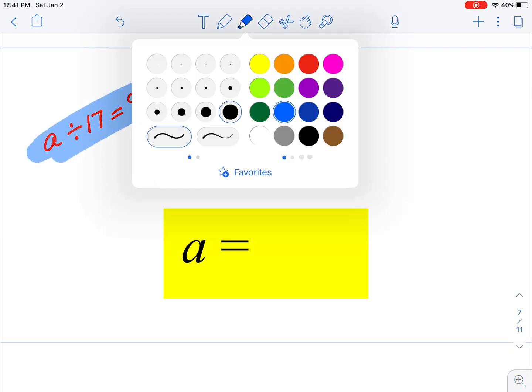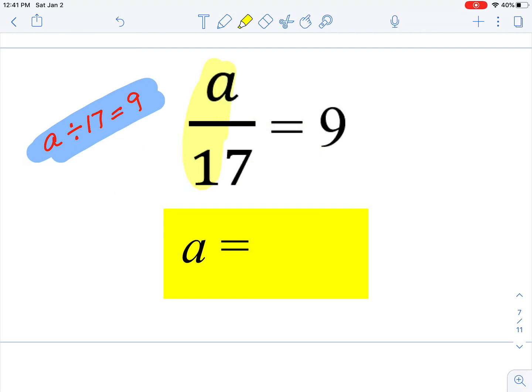This and this are the same problem, just written two different ways. Now, when I have a missing number, which I do, A, I do the opposite, and the opposite of division is multiplication.